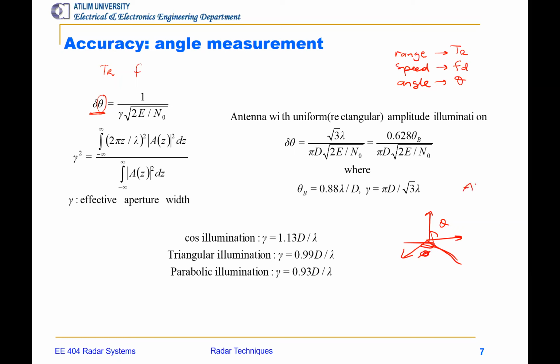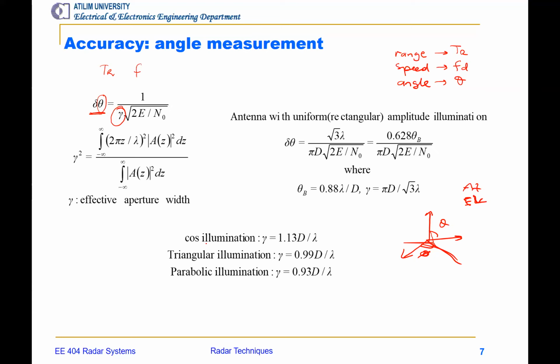So azimuth and elevation. Then this is about how we illuminate the antenna, and we define gamma, which is the effective aperture width of the antenna, and it's related to the illumination, the current that we apply to the antenna.